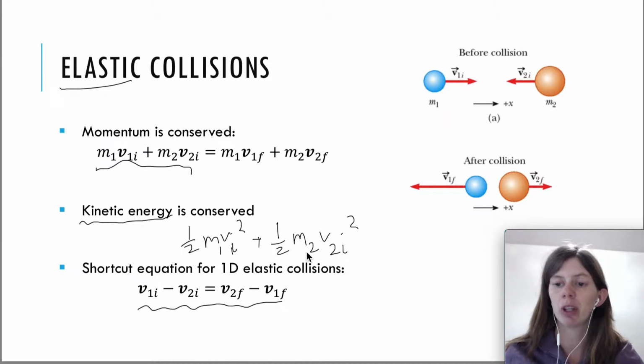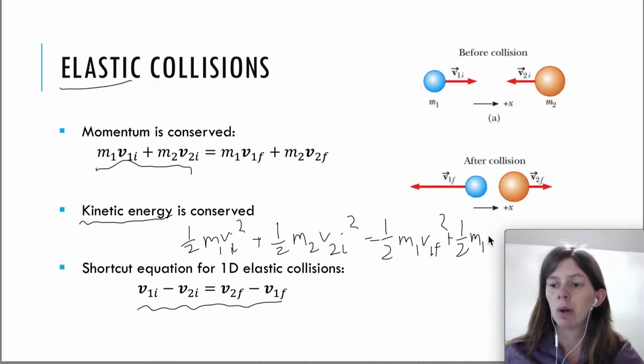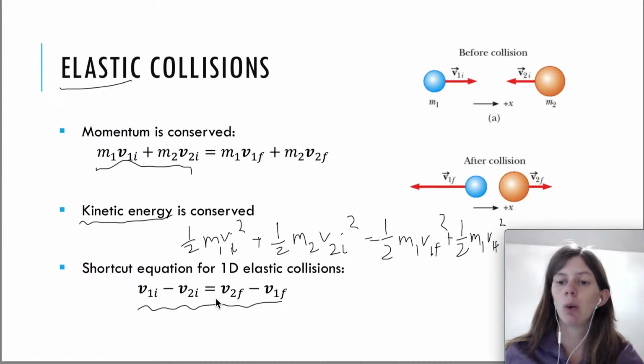I'm talking about the sum of the initial energies equals the sum of the final energies. So when you combine those two, you get this one. So when we are doing elastic collisions, we're going to use conservation of momentum and the shortcut equation, as long as it's a one-dimensional collision and it's elastic.